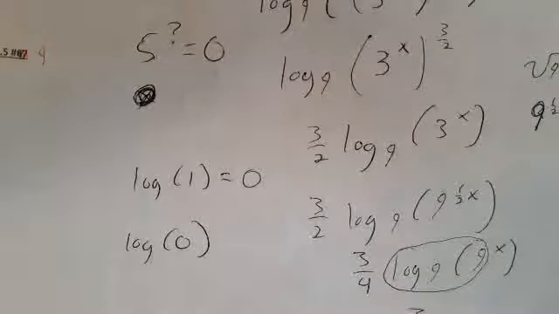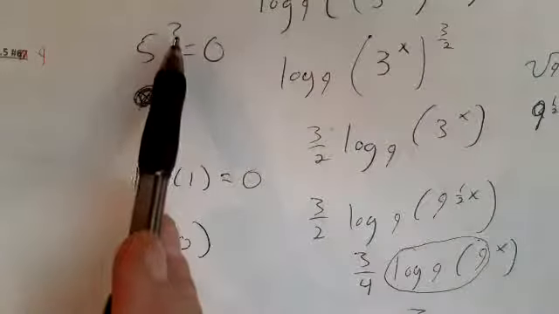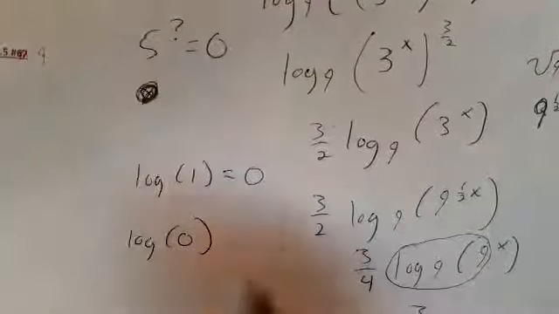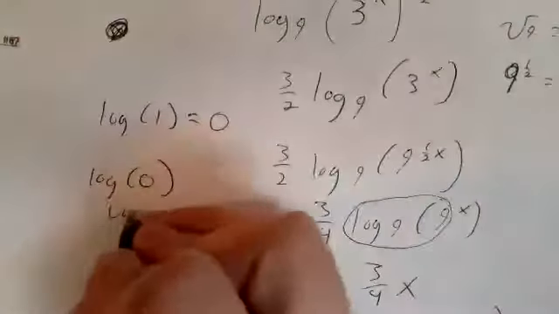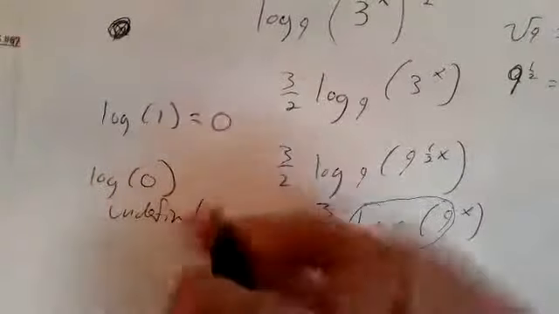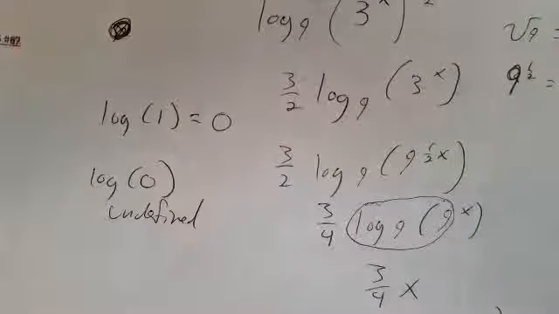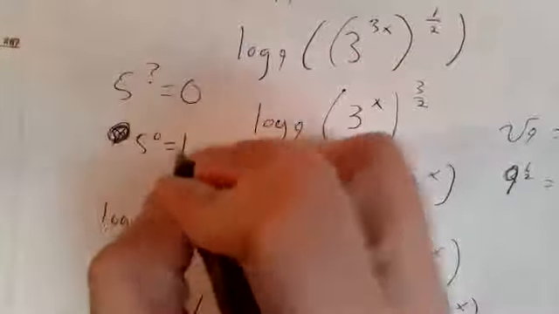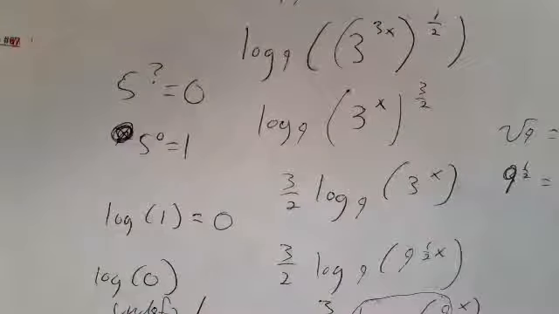Does that ever happen? Are we ever going to raise this to? Nah, not going to happen. Does not exist, undefined. Something along those lines, right? That does not happen. We can go 5 to the 0 is 1, right? But we can't raise 5 to something to get to 0.